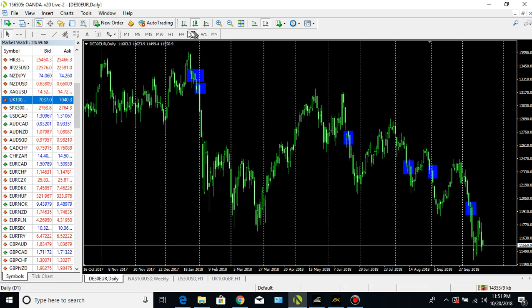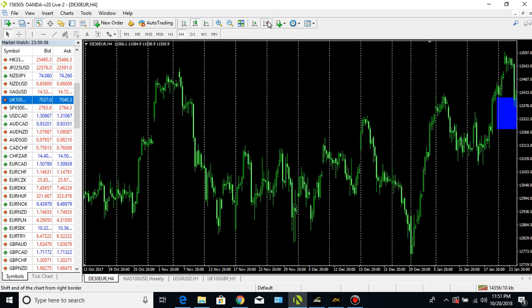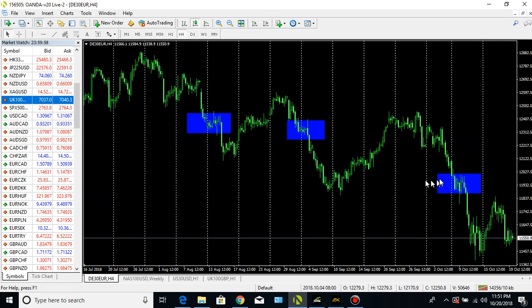Let's just break it down to H4. As you can see, what I was talking about, price is going down, right? And then in the process of going down, price was seemingly going back up here, but we already know the trend where we are going, so we know that whatever is seemingly happening, this consolidation is just a potential continuation pattern.